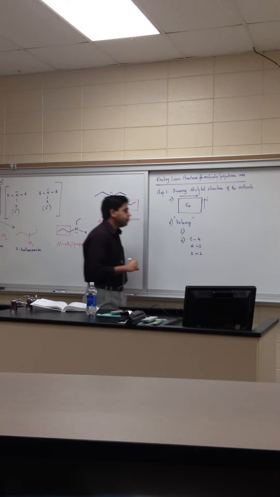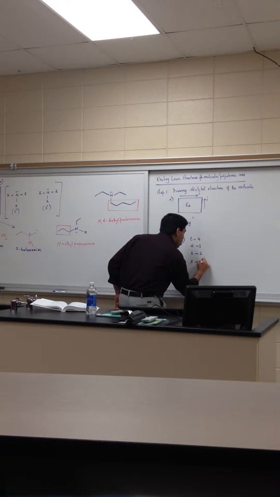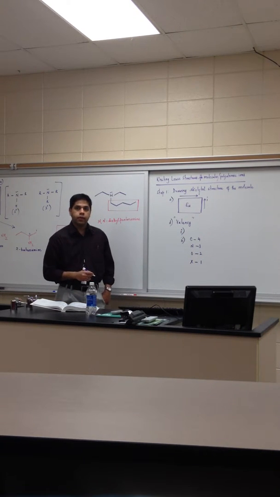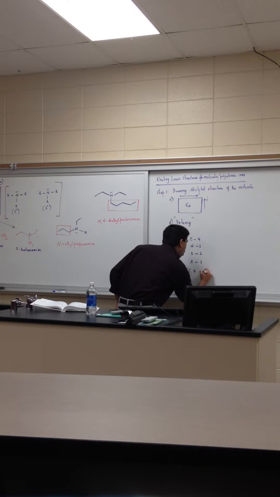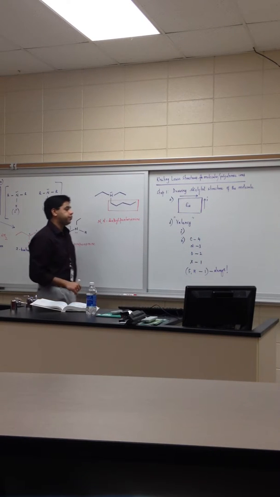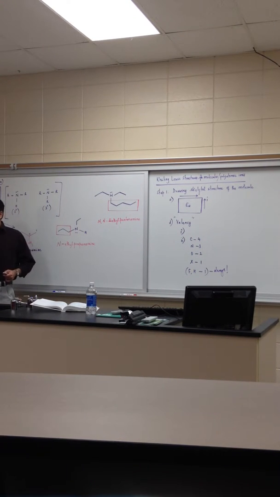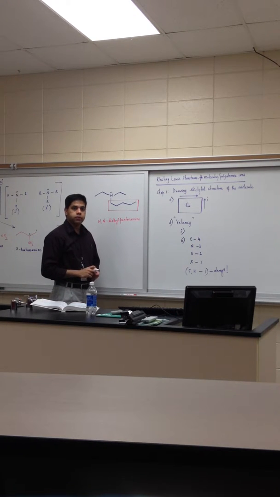X means halogens, 1. Fluorine and hydrogen are always 1. Always, no exceptions. Sounds good? So in the skeletal structure, you may not have these satisfied.